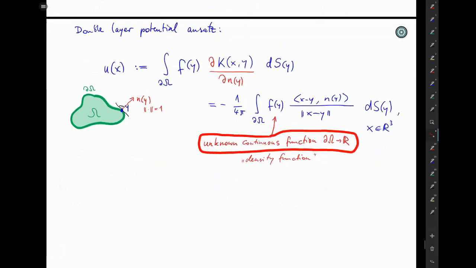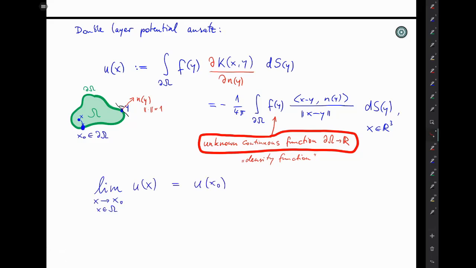And one of these funny things is the following. When you come from the inside and move towards a boundary point, let's call it x0, then your function u has the following limit. The limit is u at the boundary point, x0.